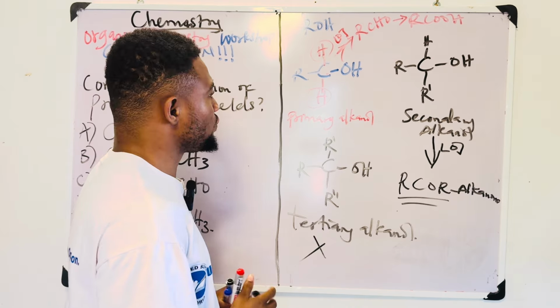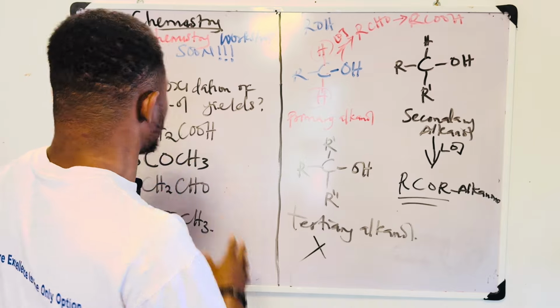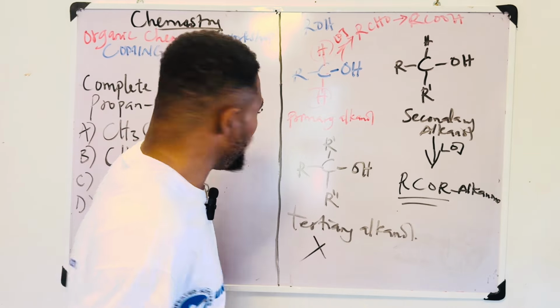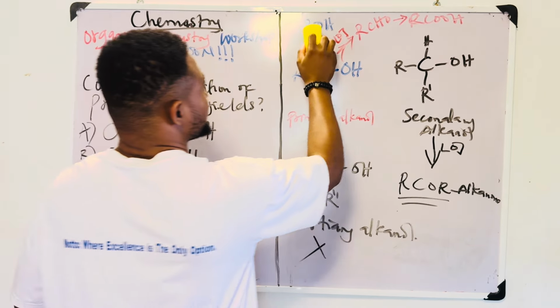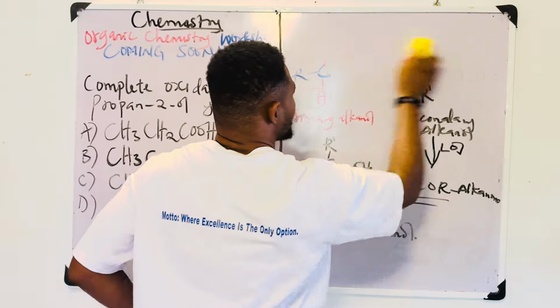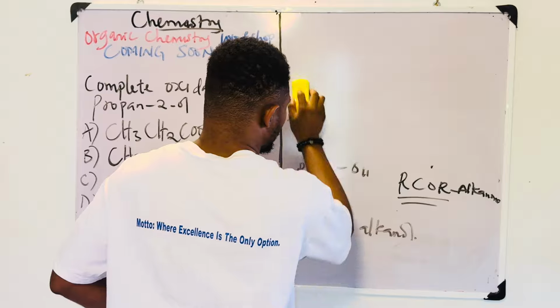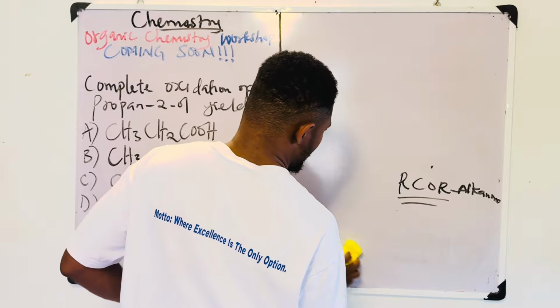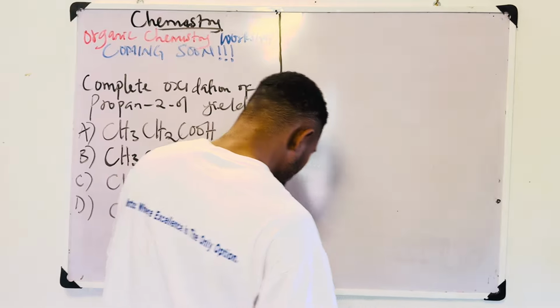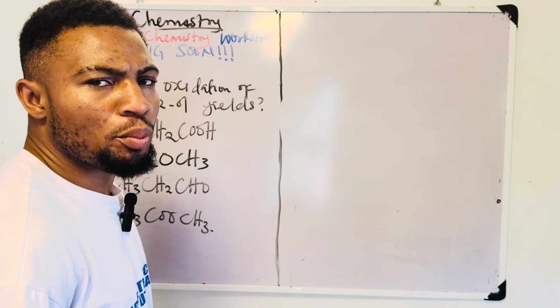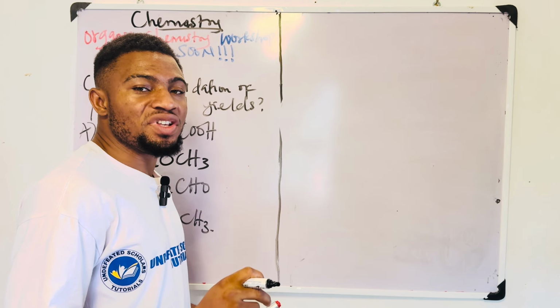So now, let's attack this question properly. Let's know where it belongs. They said prop. Prop is the root; prop is 3 carbon.